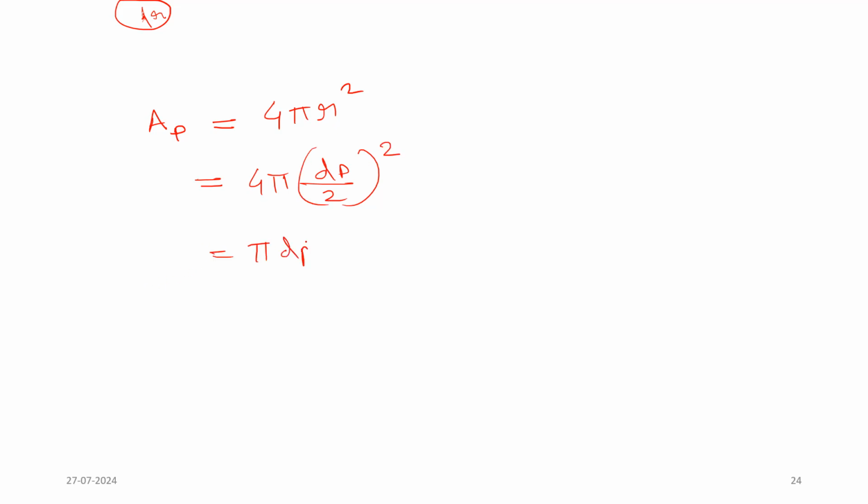Surface area, suppose it is Ap. Surface area of a sphere is 4 pi r square, if r is the radius of the sphere. In terms of diameter, it will be 4 pi dp by 2 whole square, so it will be pi dp square. Here dp is the diameter of the sphere.